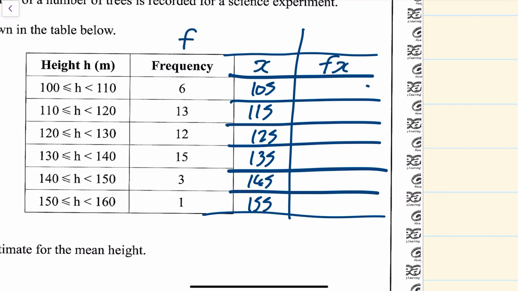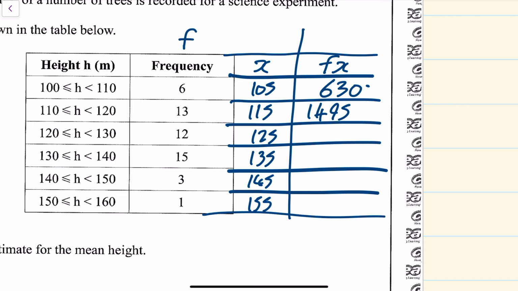Now to get your fx, it is what it says it is. It's f times your x. So 6 times 105, which is 630. 13 times 115, which is 1495.